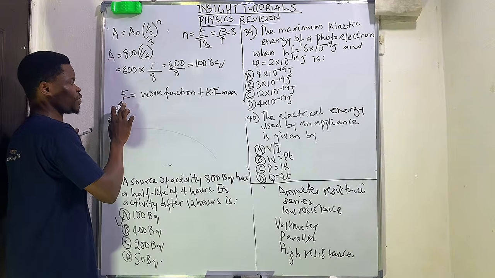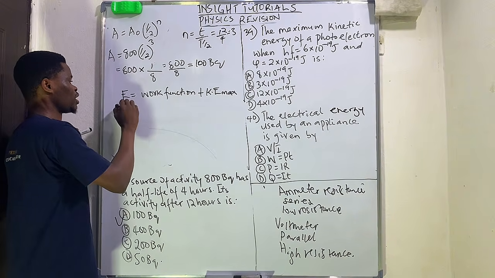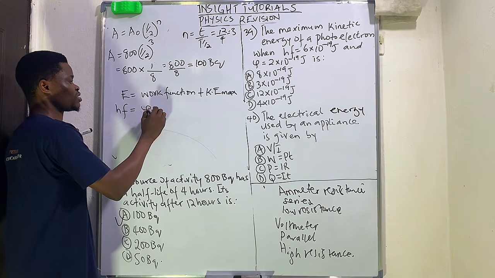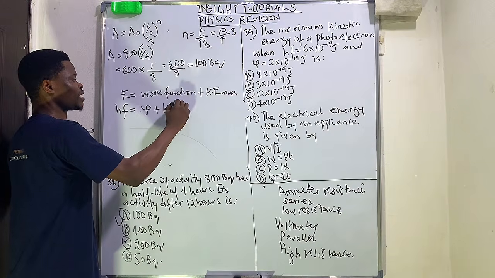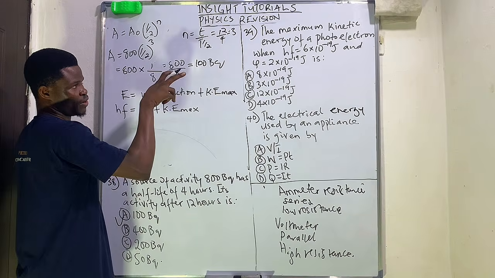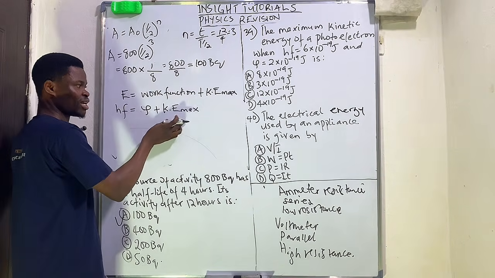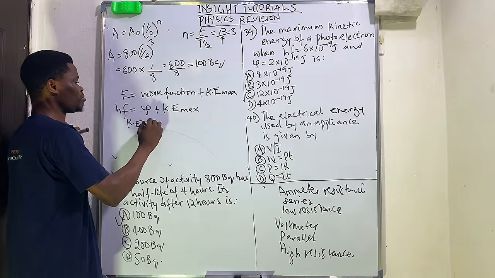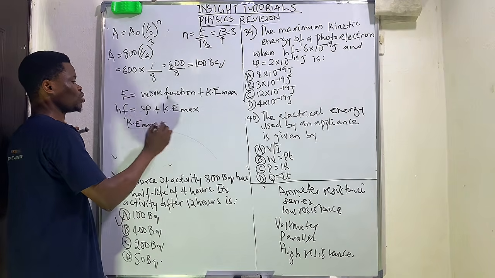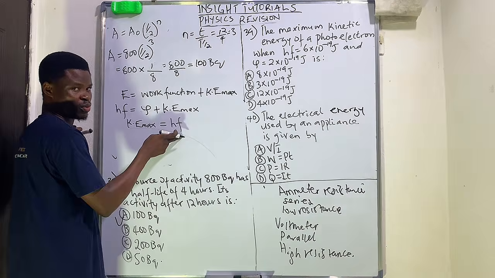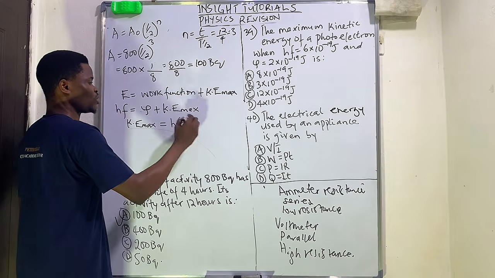And this energy of a photon is hf, equal to the work function, this is the symbol, plus the maximum kinetic energy. So we are asked to find the maximum kinetic energy. Making the maximum kinetic energy the subject of the formula, we're going to have the maximum kinetic energy equal to the energy of a photon, which is the Planck constant times the frequency, minus the work function.